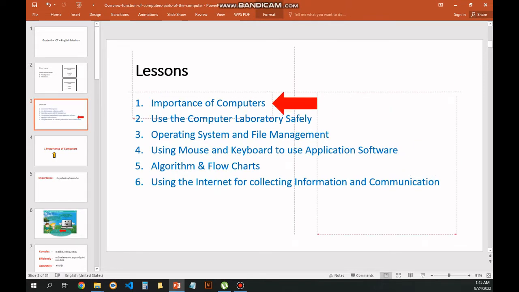Then from time to time we will go to the workbook and try to do the related activities that belong to these lessons. A while ago we talked about the lessons available. Our first lesson is going to be the importance of computers.